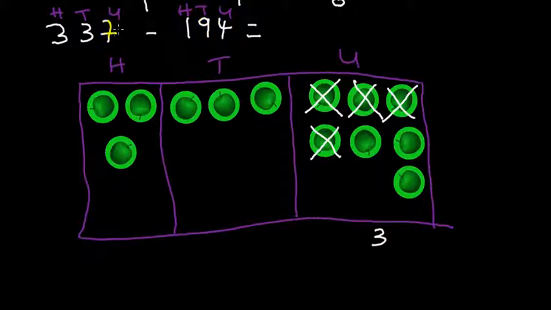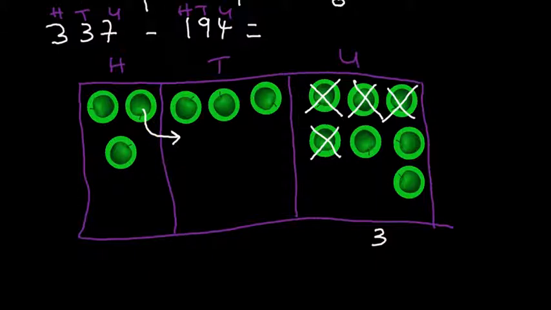Now strike out 9 from the tens column. We only have 3 here, so we remember we have to borrow from the hundreds column.